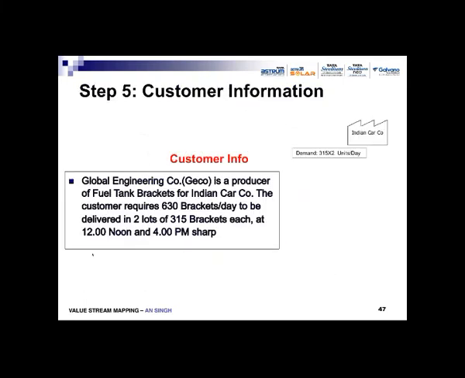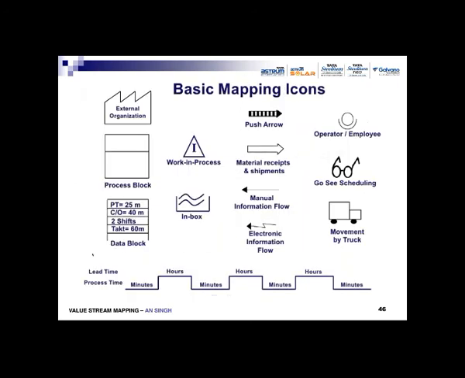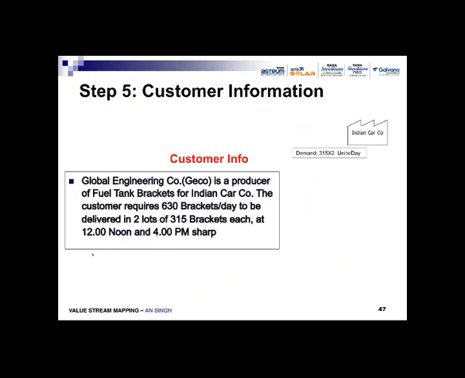So after collecting all this data, understanding the symbols, taking the training, the very first step a value stream mapping team should take is customer information. It has to start in the reverse direction. The starting point for value stream mapping is right from the customer end and then comes in the reverse direction.